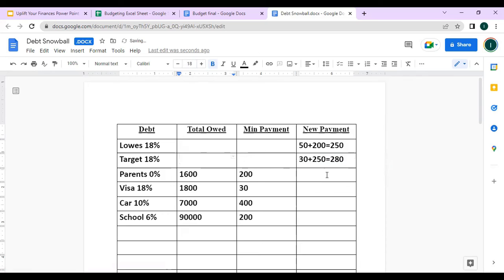He's going to use that 280, and then add that to the $200, which equals 480.